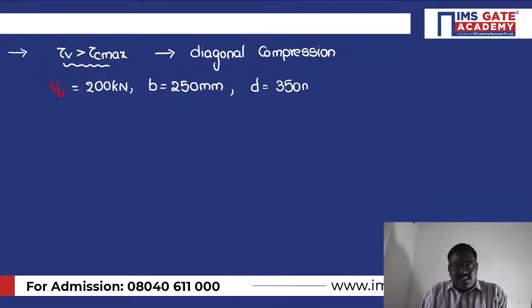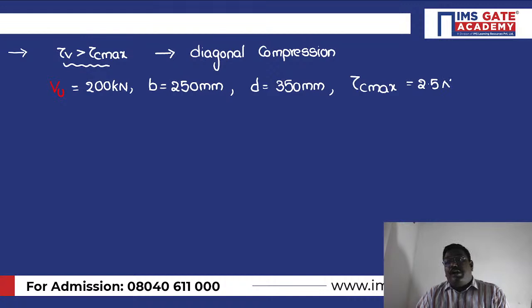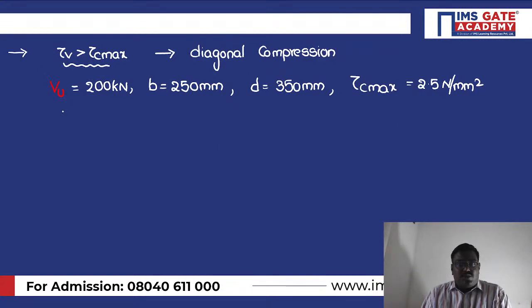And tau c max, my dear students, is a function of concrete only. This was a previous GATE question also. What is tau c max? Tau c max is a function of grade of concrete only. Now, my dear students, tau c max value is given as 2.5 Newton per mm square, and tau c is equal to 0.62 Newton per mm square.